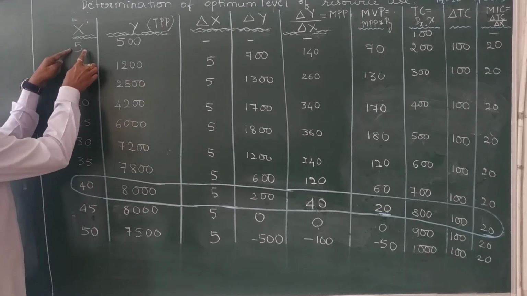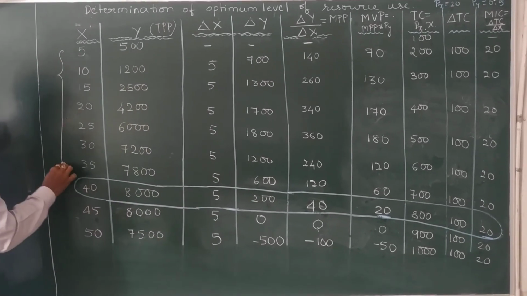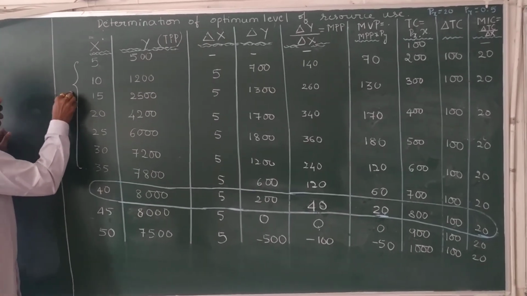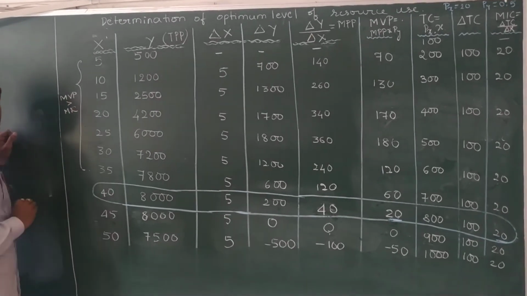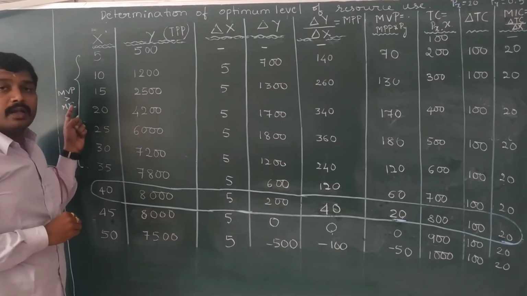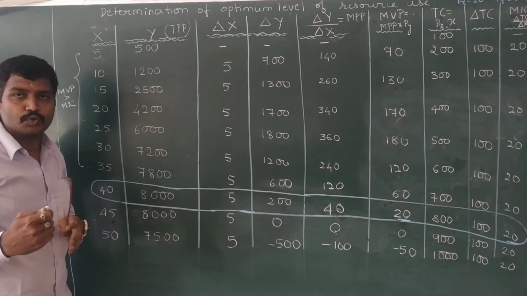So from 5 to 35, if you consider, MVP is more than MIC. That means the resource is underused.